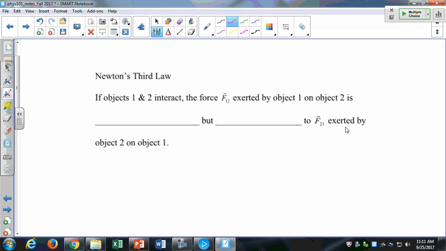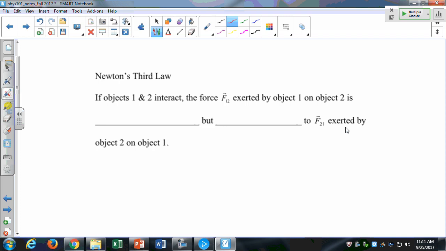We've already seen it with regards to the universal law of gravitation, because if we have two objects of mass, one mass is big, one mass is small, they're still going to exert exactly the same force on one another. And so that's a nice manifestation of Newton's third law, which says that if I have one force, I have to have an equal and opposite force that accompanies that.